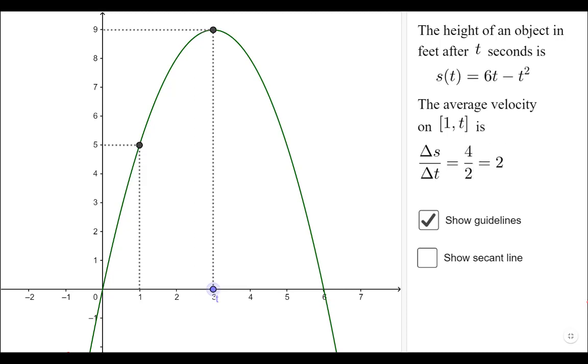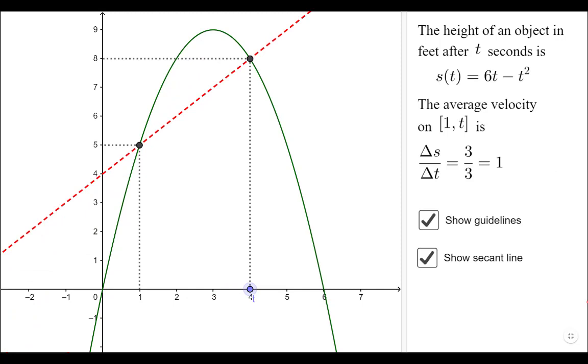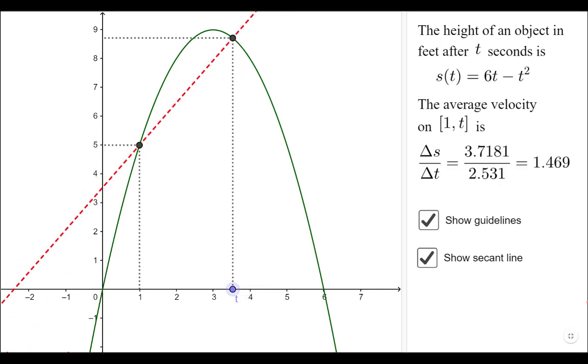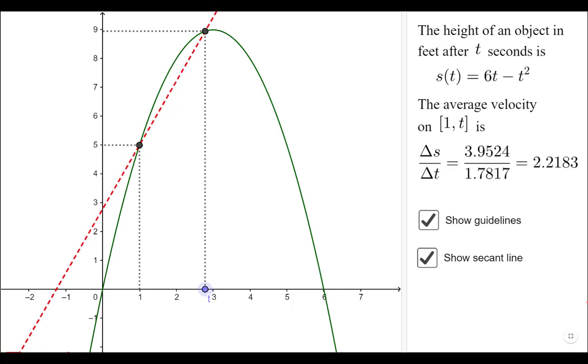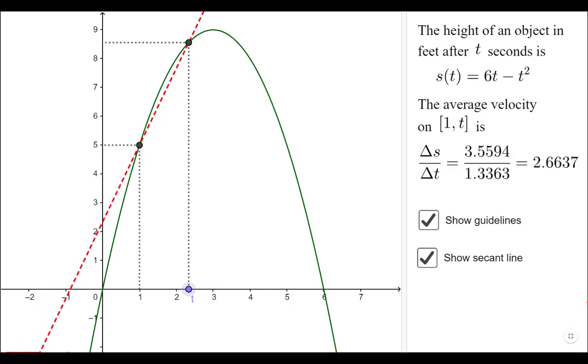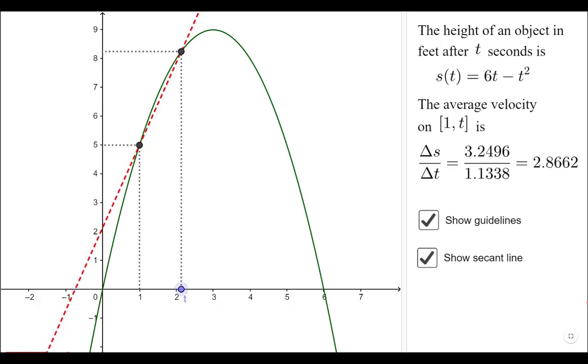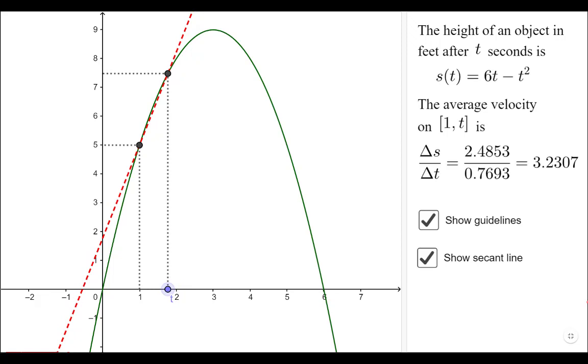Let me throw the secant line in there. So when t was 4, that secant line has slope 1. When t is 3, that secant line has slope 2. And now let's let t approach 1. As t approaches 1, t gets closer and closer to 1. What is the slope of that secant line approaching?